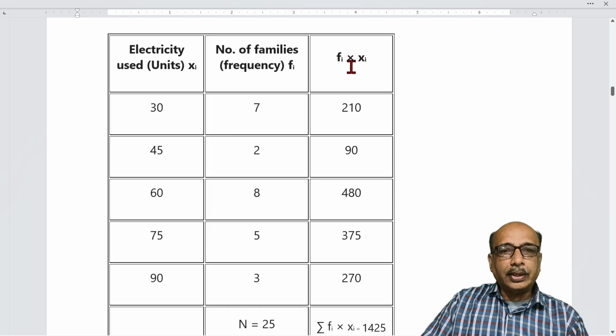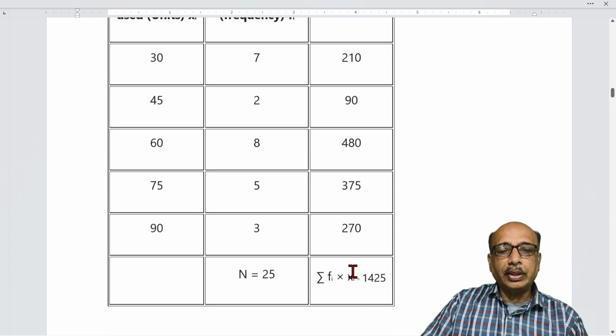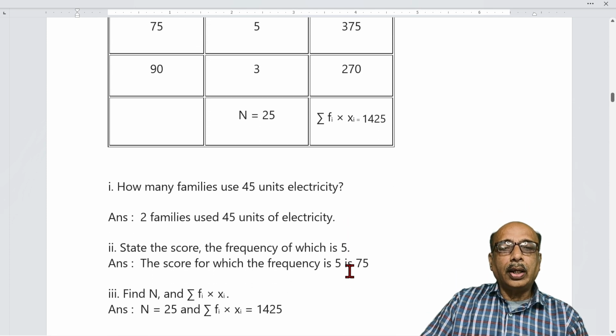fi into xi: 30 into 7, 210. 45 into 2, 90. 60 into 8, 480. 75 into 5, 375. 90 into 3, 270. So, N equals the total of this frequency column, N equals 25.